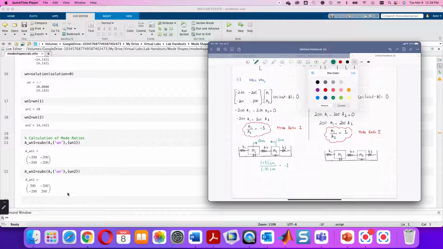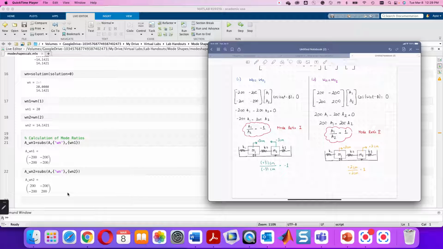In my second case, let's say I move the first cart to positive 2 centimeters and the second cart by the same displacement in the same direction, so that the ratio of the initial displacements should be equal to 1.